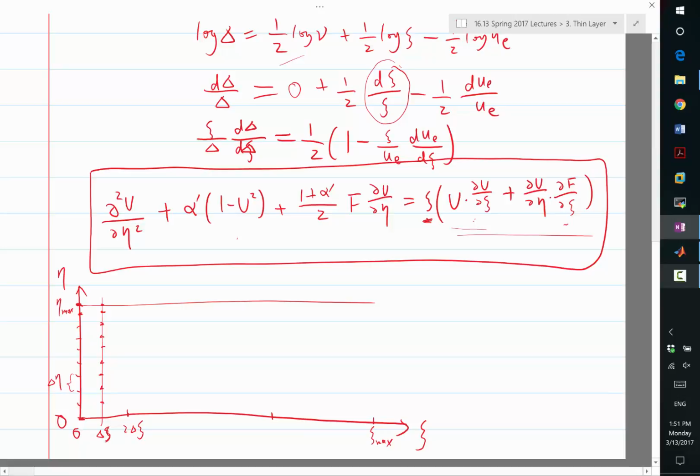So the discretization is going to be the discretization of this whole equation at xi equal to xi i. Partial u partial xi is going to be approximated by u at xi i, eta j, minus u at xi i minus 1 and the same eta j, divided by delta xi.